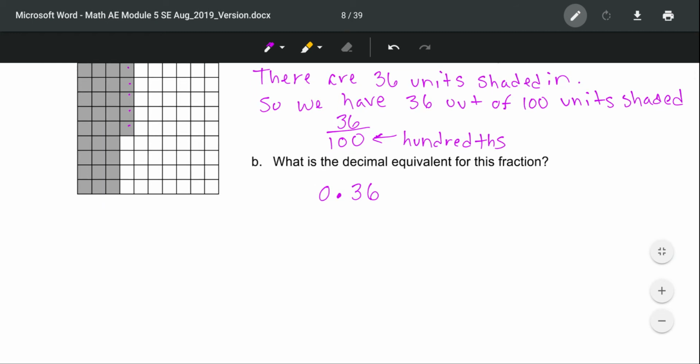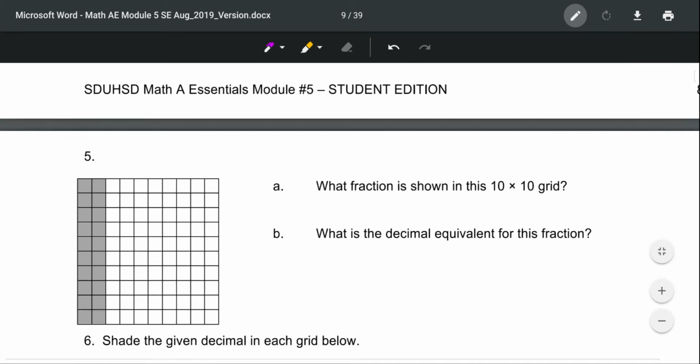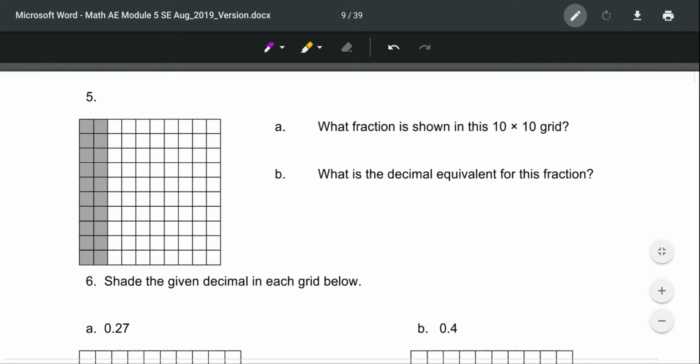Okay. So next problem, number 5. Go ahead and try this on your own, then pause the video, then resume the video once you are done. So on this 10 by 10 grid, there are 10 units shaded down in the first column, and there's 10 units shaded down in the second column.